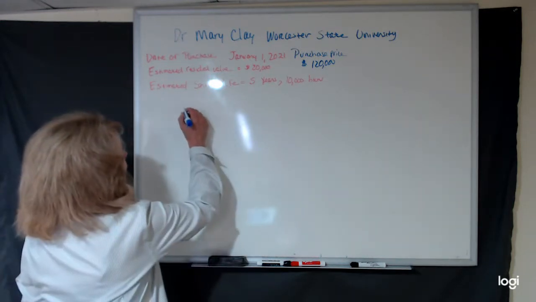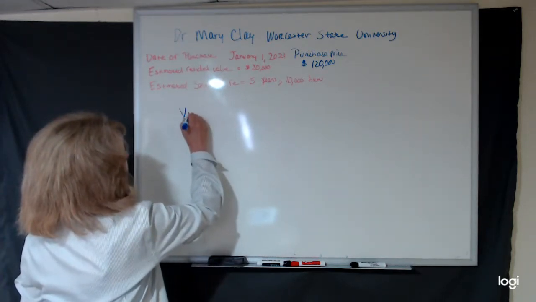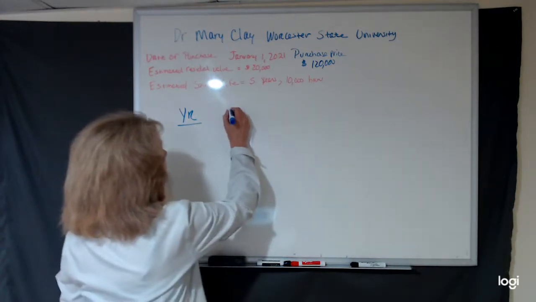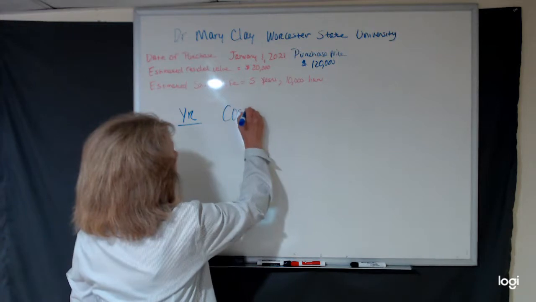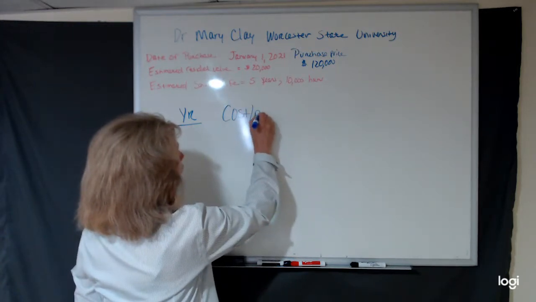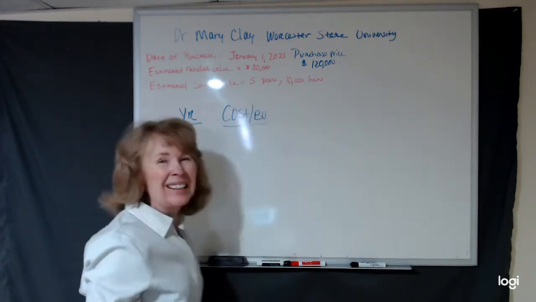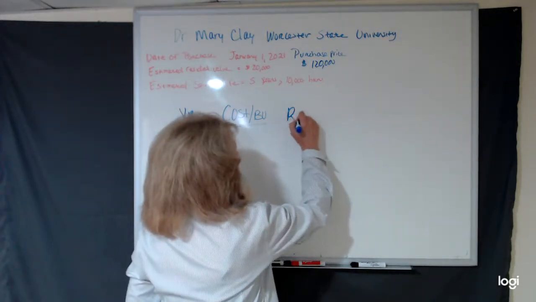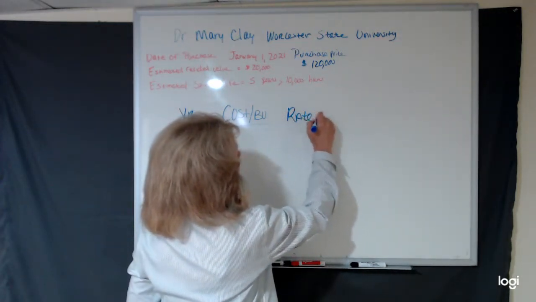Your first column is the year. Your next column is the cost / book value. I'll explain that in a minute. Okay. Next column is the rate. Again, I'll explain this all at the end.